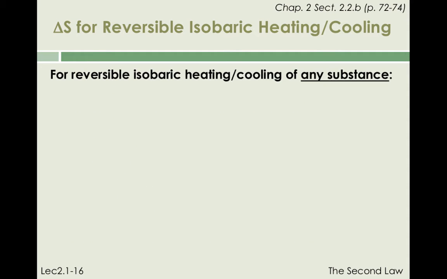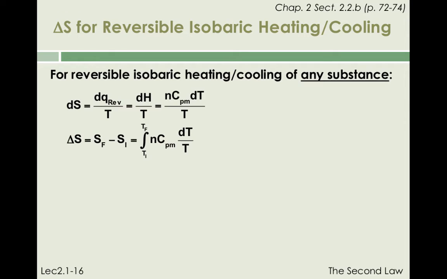Now we consider the isobaric heating or cooling of any substance. We start with the definition for the entropy change dS for a small part of the process and write dS equals dq reversible divided by T. Next, we recall that for isobaric processes, dq is equal to dH, and dH is equal to n times CPM times dT.